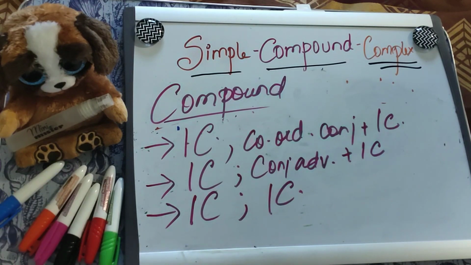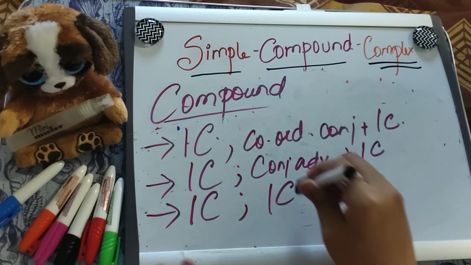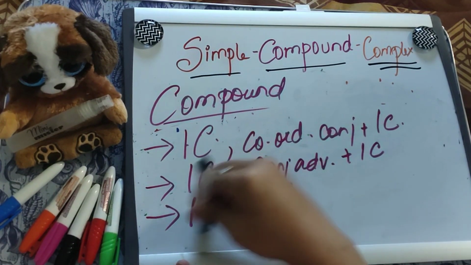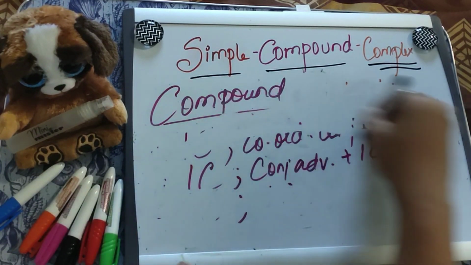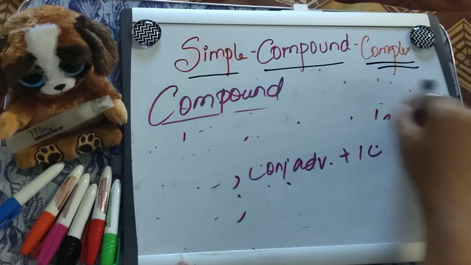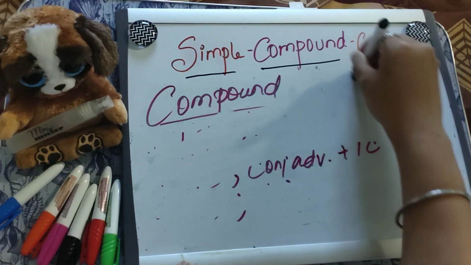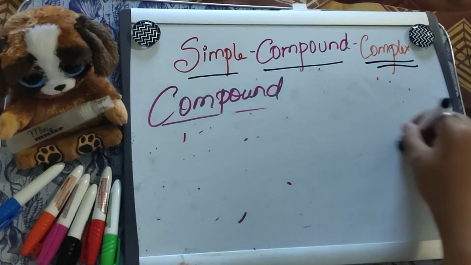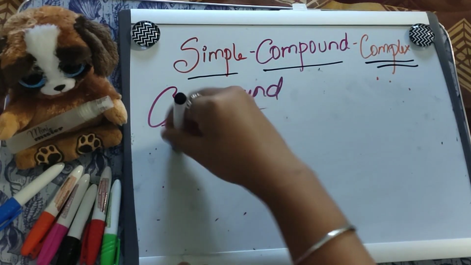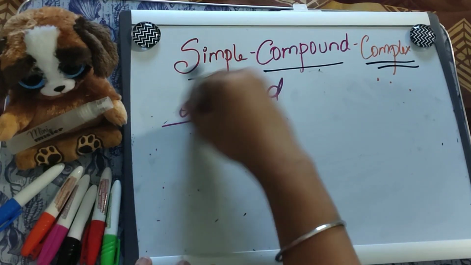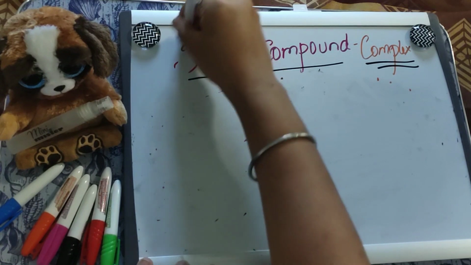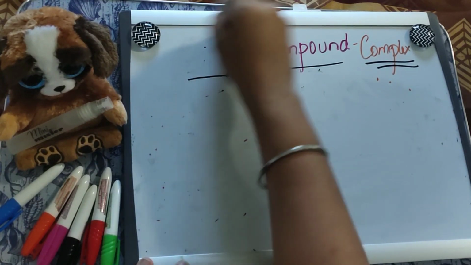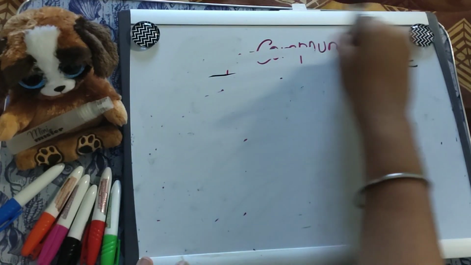So that was all for today. In the next video, we will be focusing more on the complex and the compound-complex structures. I'm not sure if we will focus on one at a time, because the complex sentence is by itself a little bit more massive than the simple and compound structures.